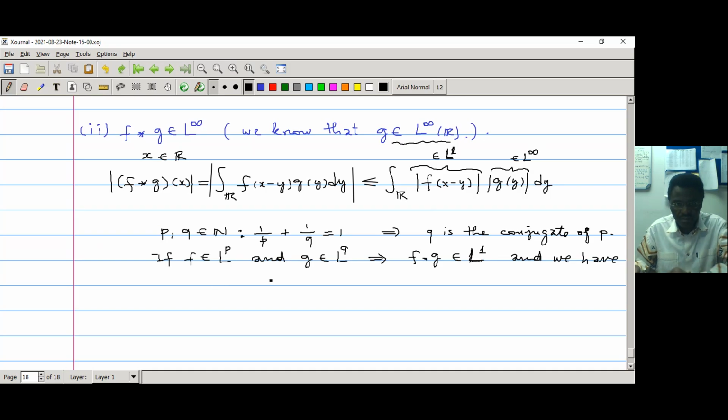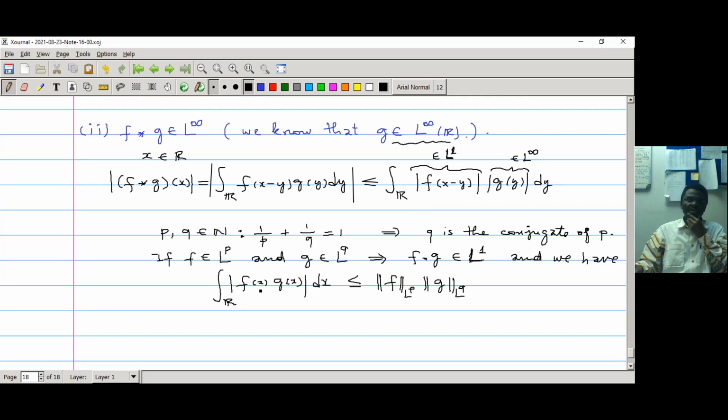I'll write it directly, and we have the absolute value of the integral is less than or equal to the norm P for F, the first one, and then G, norm Q. So this is the inequality.